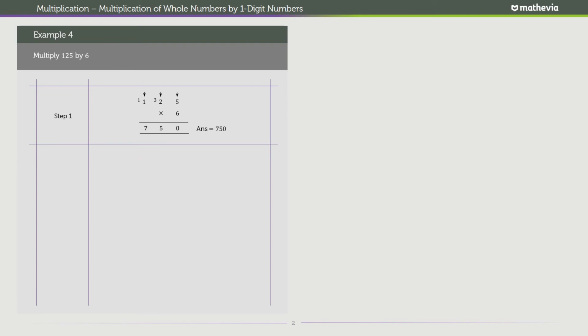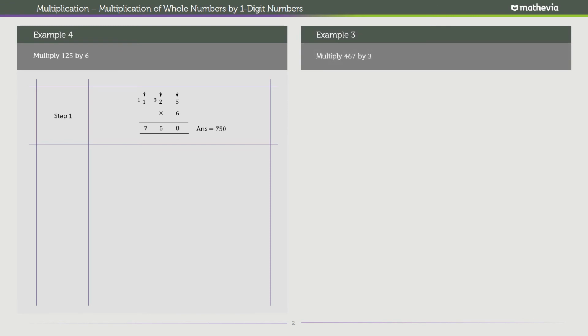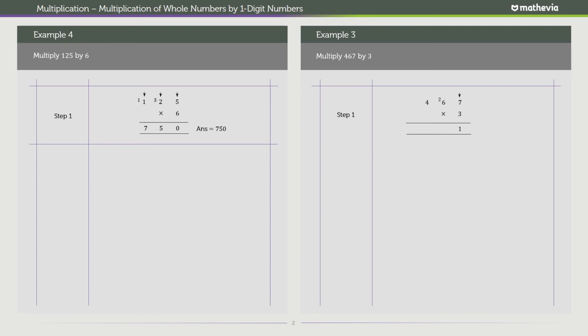Now for our final example, example 5. Example 5 says multiply 467 by 3. So multiplying digit by digit, we start off with 7, and 7 times 3 is 21. We write down 1, we carry 2. Now we're going for 6, and 3 times 6 is 18, plus 2 gives you 20. Remember the numbers that you carry over.